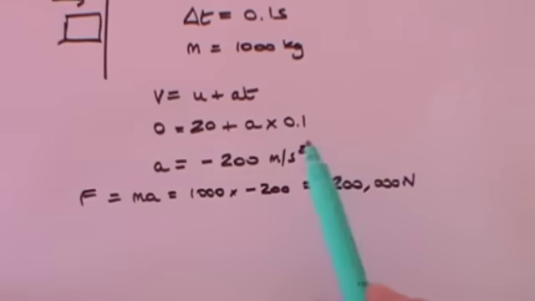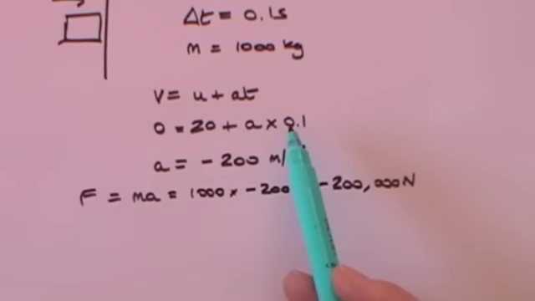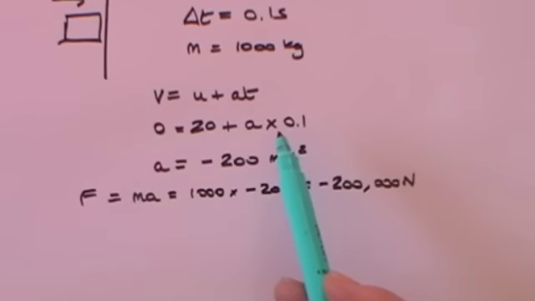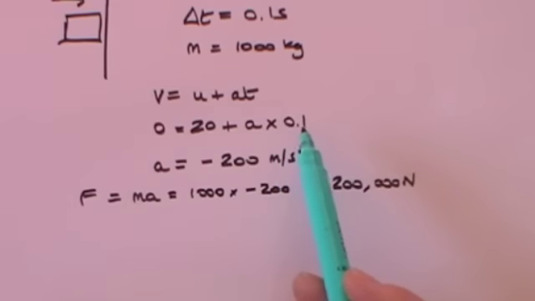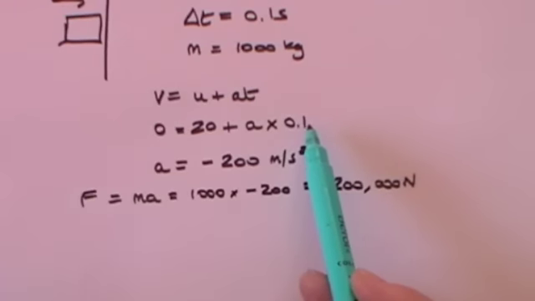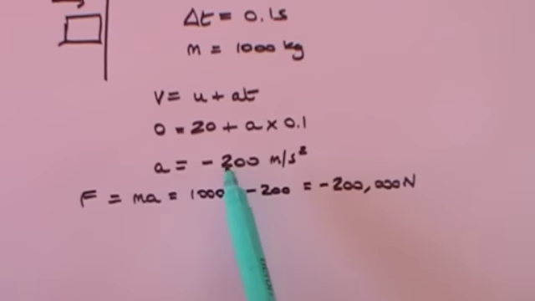And you can see that that is influenced by the amount of time it took for the car to stop. That's the reason cars have crumple zones, because when the car is crumpling, it takes longer to stop. And if it takes longer to stop, then the acceleration will not be so high, and that means the forces applying will not be so large, and it's the forces that do the damage to you.